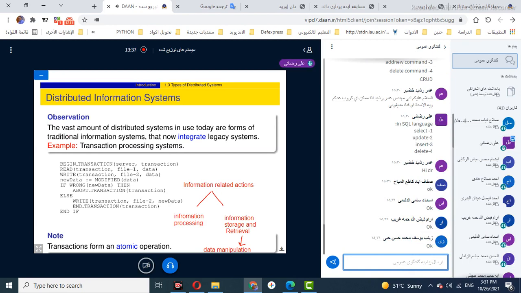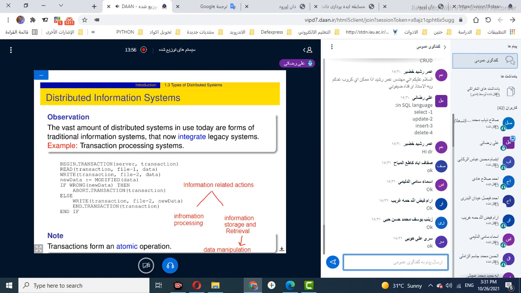So we have these four basic commands, which are called CRUD commands: select, update, insert, and delete. We use these commands to manipulate data, to change data, to retrieve data, or to store data.